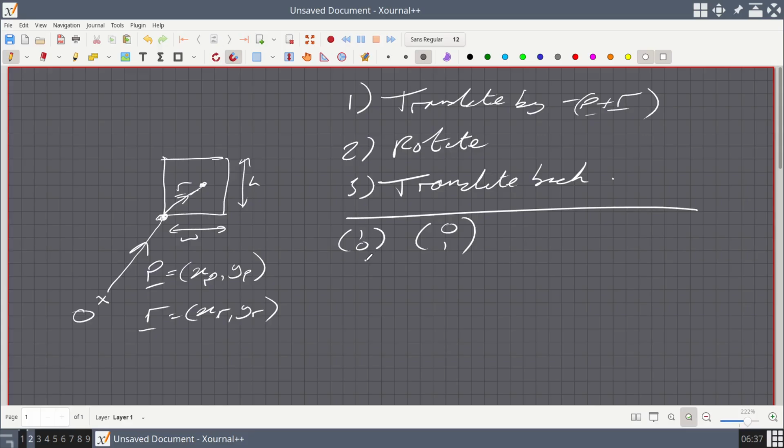So moving along one does not move you along the other. And you can describe a rotation, or any linear transform of the space that this basis describes, by just writing down where this basis vector goes and where this basis vector goes. Right, and that's how you get your transformation matrix.